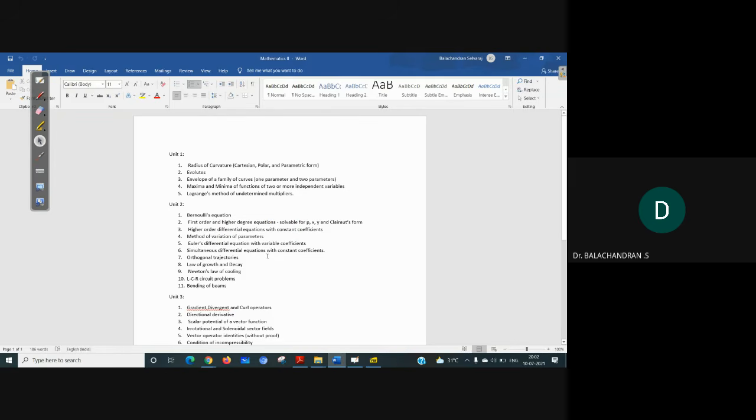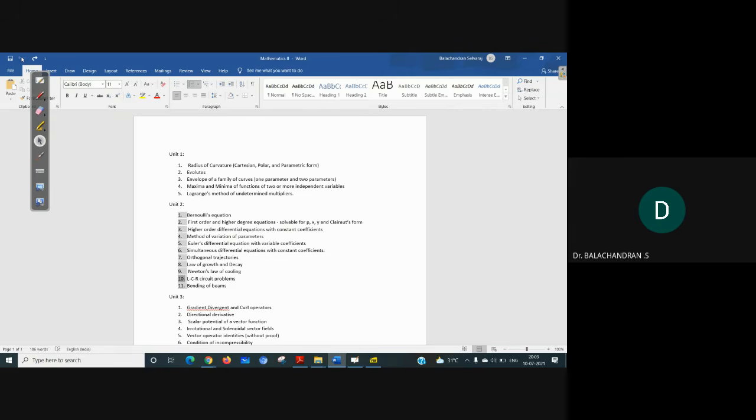Then first order solve for p, x, y in Clairaut's form, method of variation of parameters, simultaneous differential equation. Out of these five, I feel the last 2 are more important.